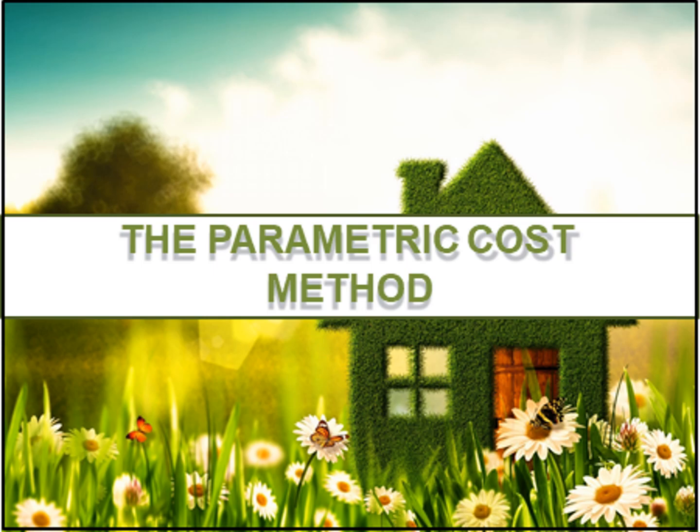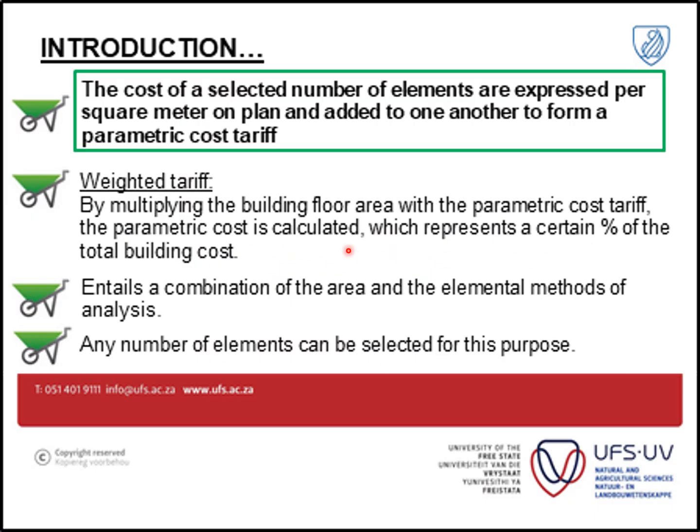The parametric system is where the cost of the selected number of elements is expressed per square meter on plan and added to one another to form a parametric tariff. So the weighted tariff is found by multiplying the building floor area with the parametric cost tariff. The parametric cost is calculated, which represents a percentage of the total building cost.